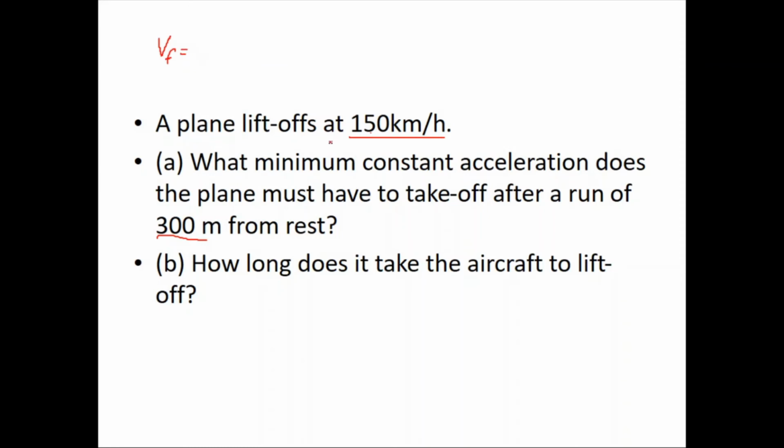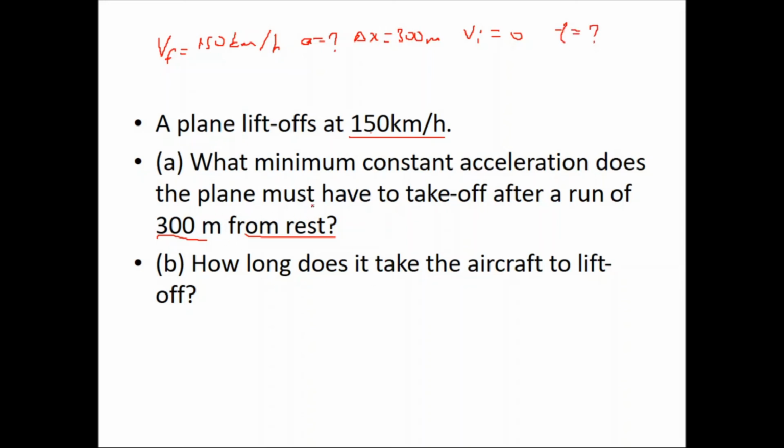The final velocity, the lift-off velocity, is 150 kilometers per hour, and acceleration is asked. The distance that the plane travels is 300 meters. Initial velocity is 0 because it says from rest. Then we are asked to find time also. In B we are asked to find the time.